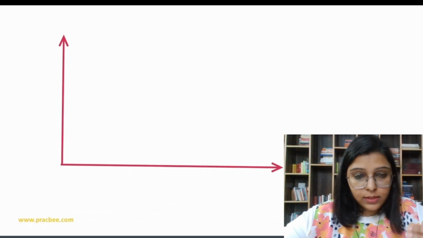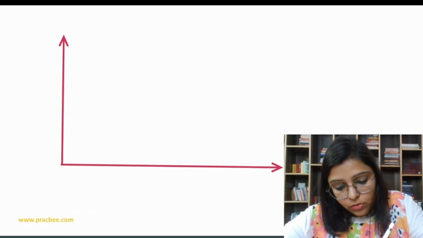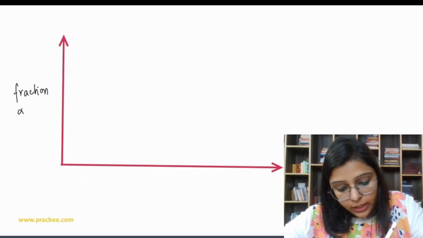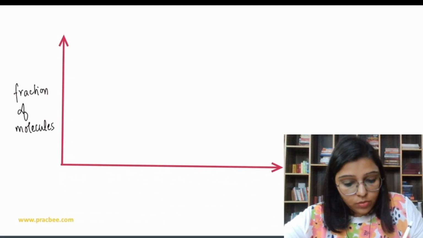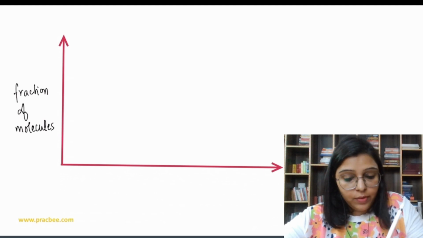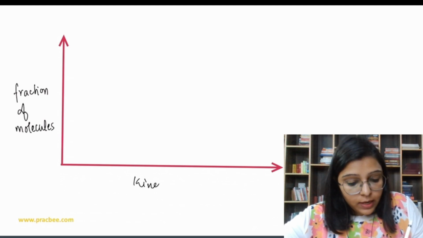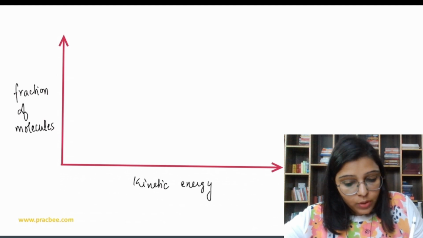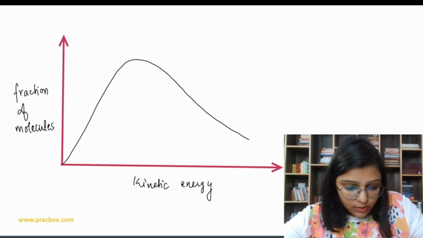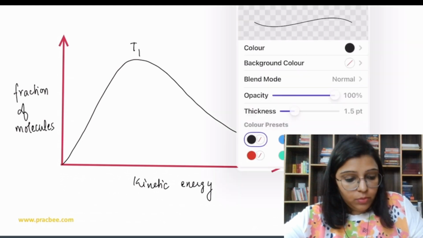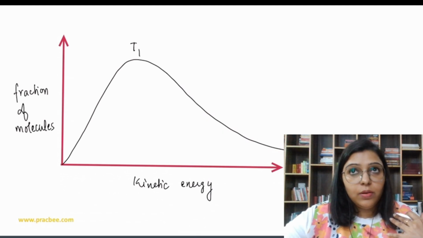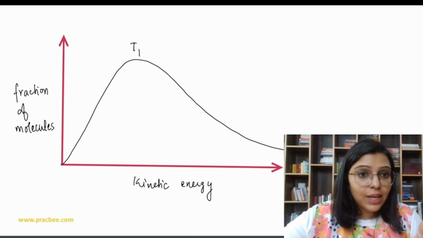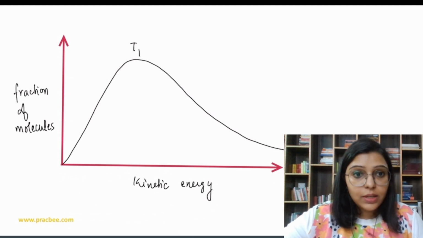So first let's discuss one graph related to this. Suppose we have the fraction of molecules which pass the energy barrier and the orientation barrier, then they can convert into the product. So I'm plotting the graph between fraction of molecules and the kinetic energy. Suppose at T1 we have this curve. When you increase the temperature, the molecules which can pass the energy barrier are more, due to the increase in the kinetic energy.